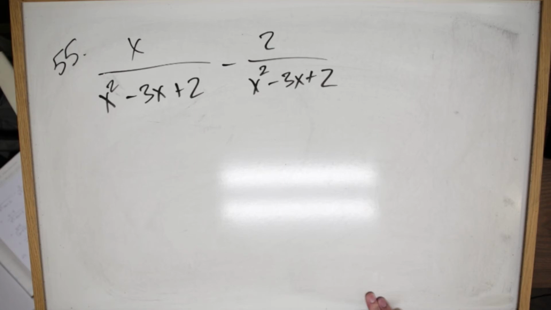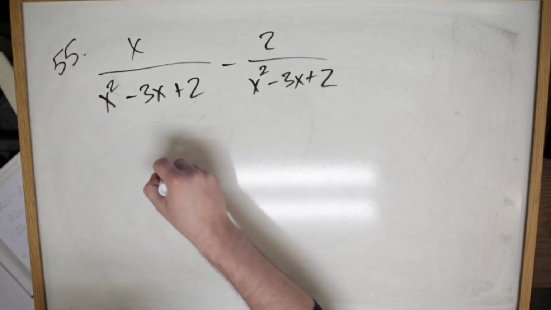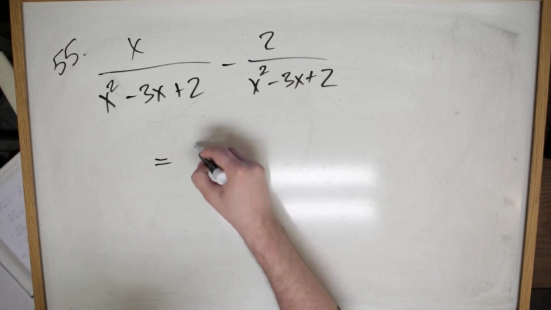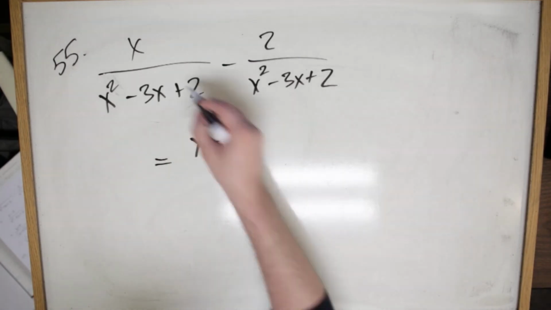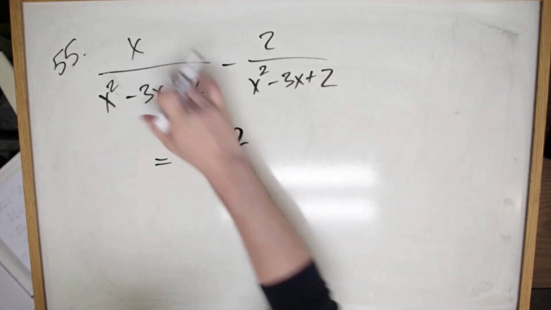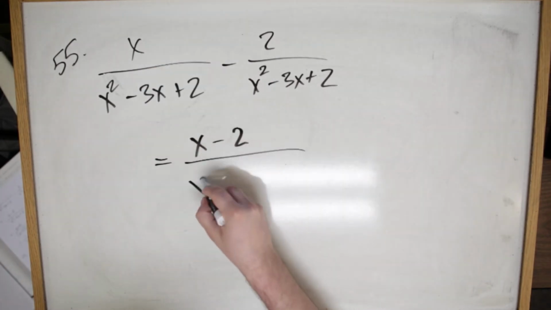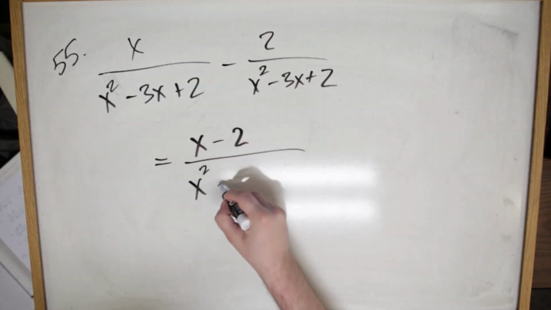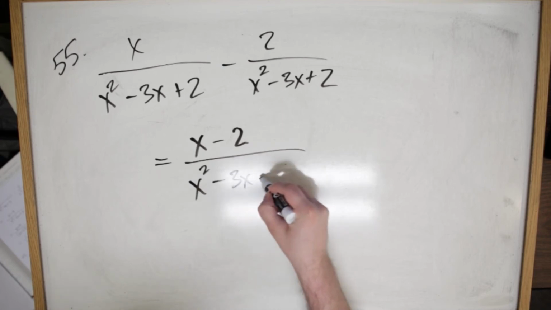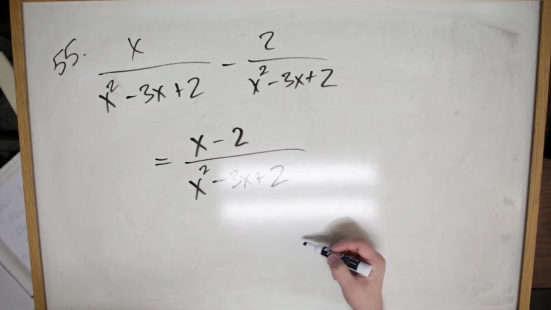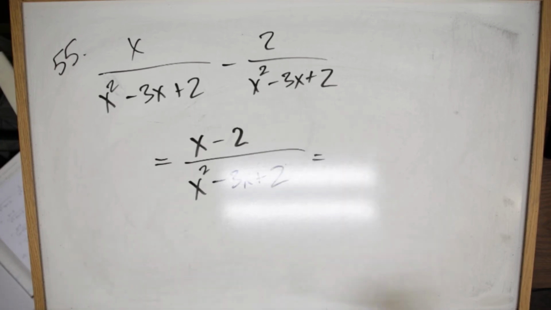So we literally, I mean, again, it's as simple as just x minus 2. So we're subtracting 2 from x. And then since we have common denominators, we can do that. That's literally it. This is factorable.